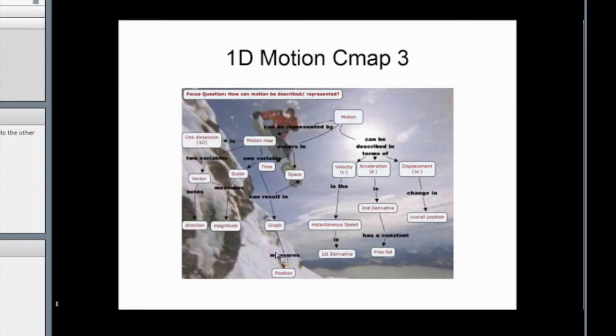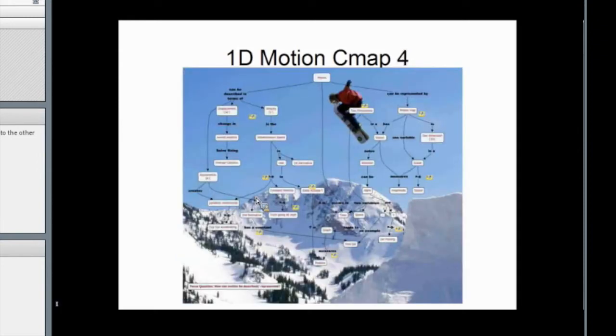In the third iteration, you can now see that tangle, that mess that existed before, is now starting to be teased out here. You can see velocity, acceleration, displacement on this side, motion maps, time, space. They're all kind of disconnected. And what we'll see the students start doing is now connecting those various domains.